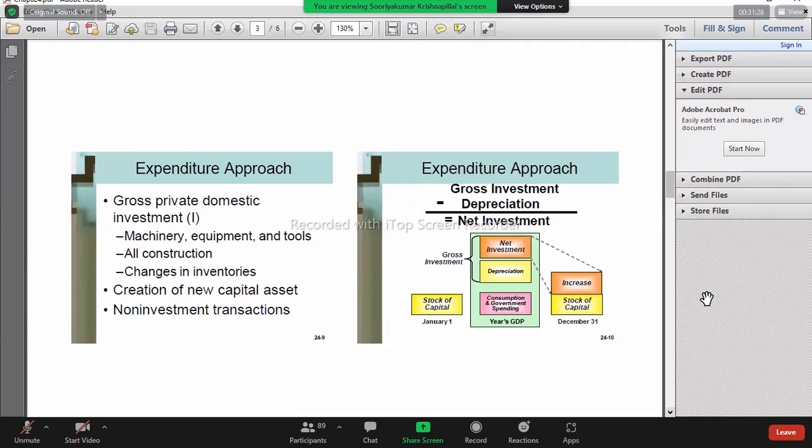For the GDP, we consider gross private domestic investment, we don't consider depreciation. You will see later that from GDP, if we deduct the depreciation, we will get net domestic product.